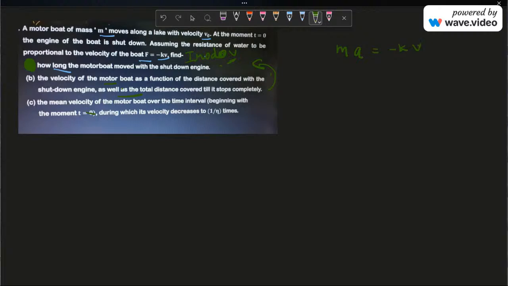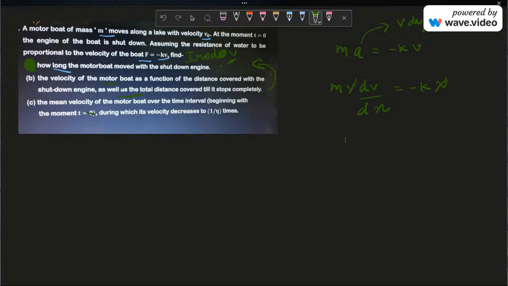So it is pretty evident that we have to use the formula a is equal to v dv by dx. So now mass into velocity dv by dx is equal to minus k times v.